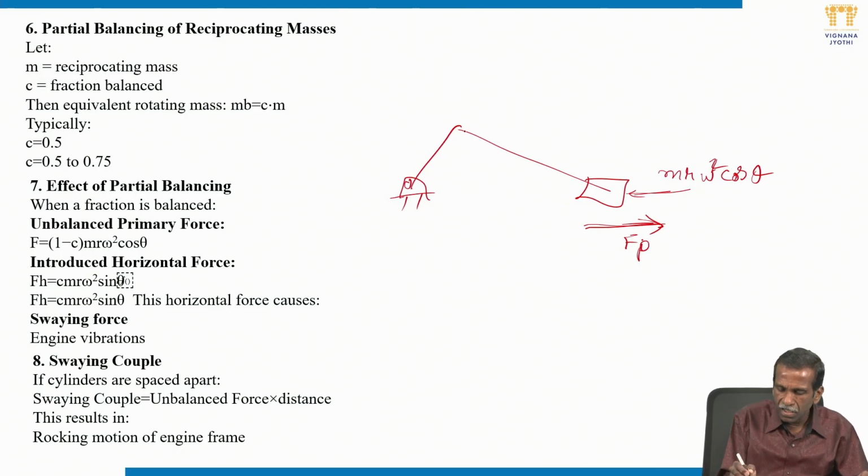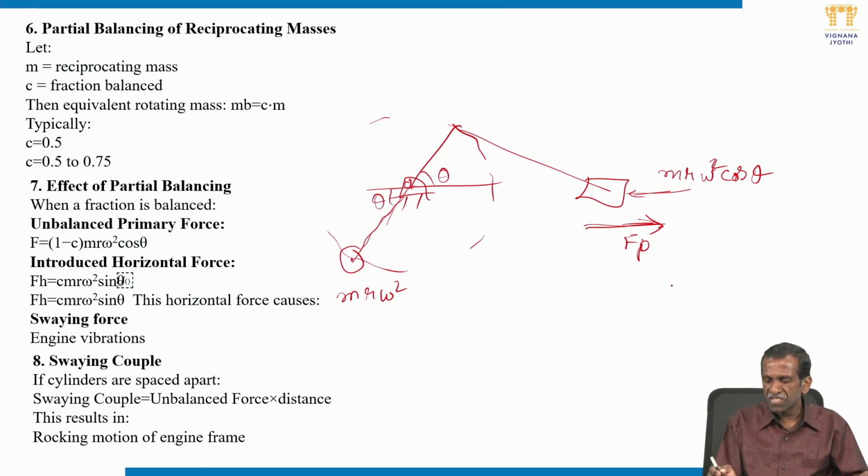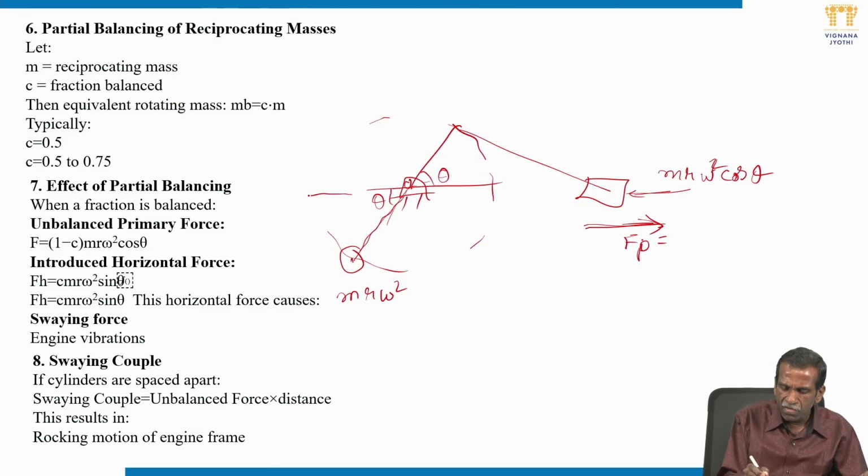As in the previous lecture, if this is the inertia force and we try to attach an equivalent mass which gives magnitude mr omega square, and the angle made by the crank is theta, then the inertia force mr omega square cos theta at this position can be balanced.